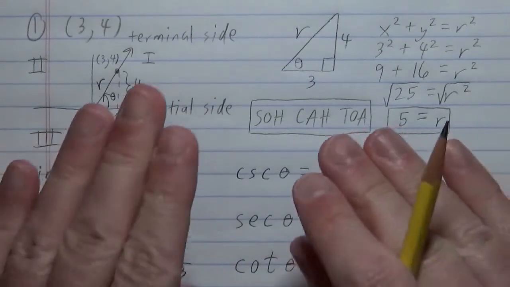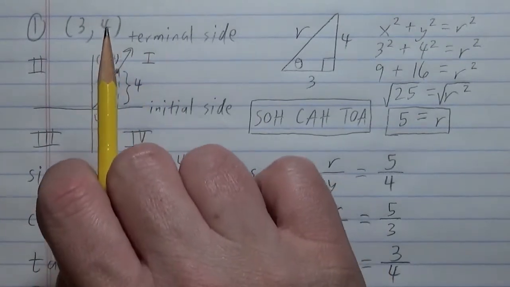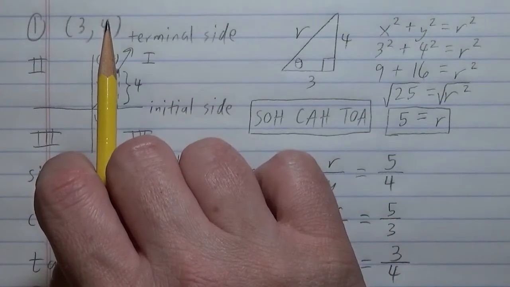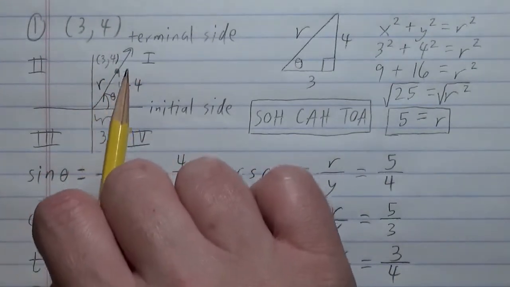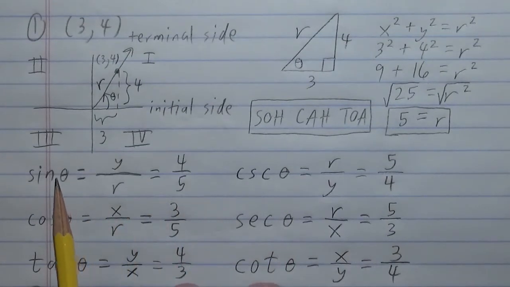So, a lot of information in a small space. Given a point, we have a distance from the point to origin, which is 5 in this case, and from there we make 6 ratios, and there are 6 equations for that, which need to be memorized at some point in these math courses.